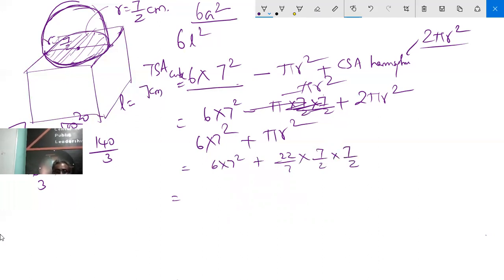When you do it like that, 6 into 49 plus 11 into 7 is 77 by 2.